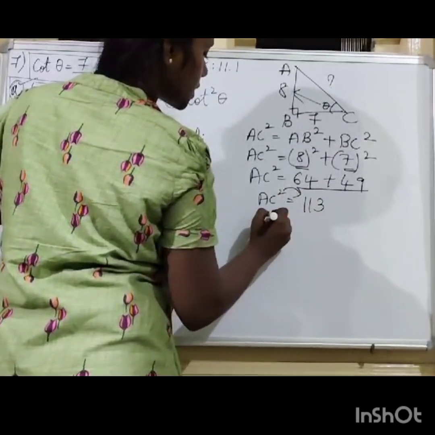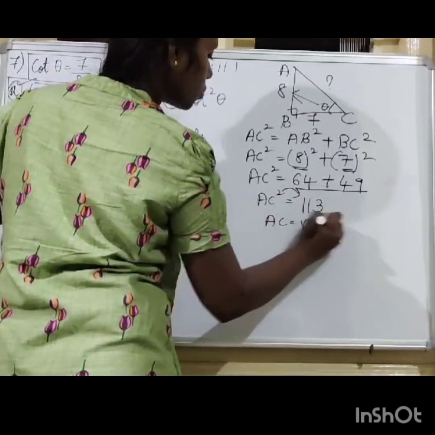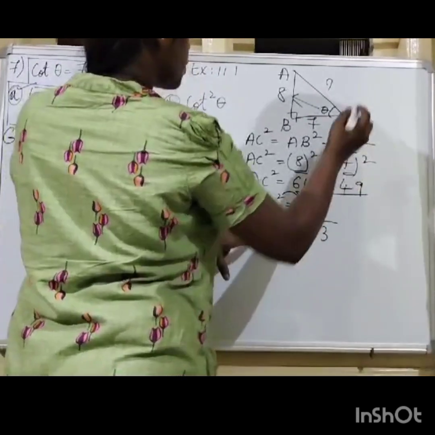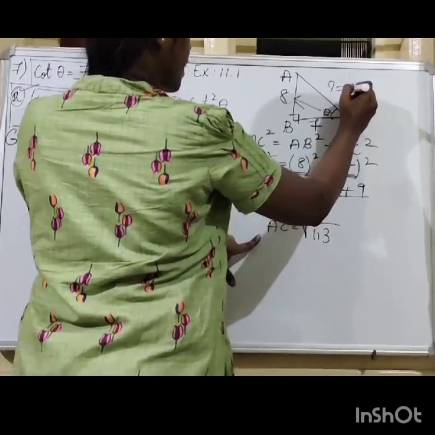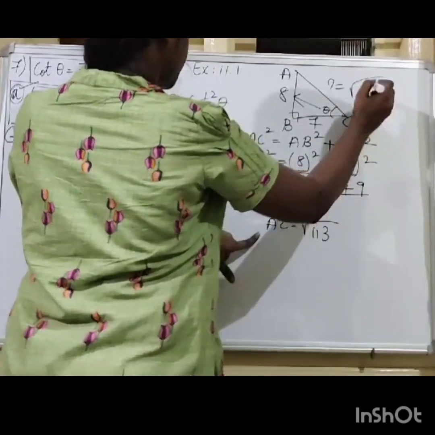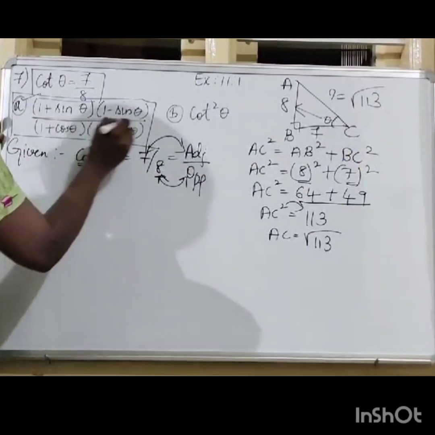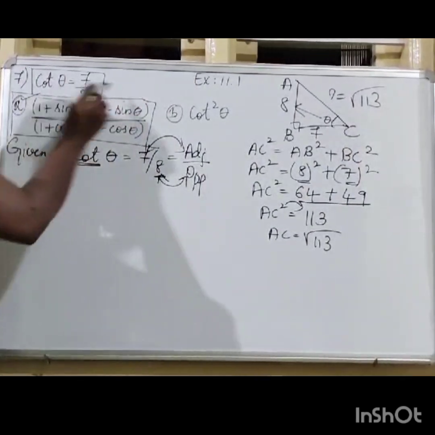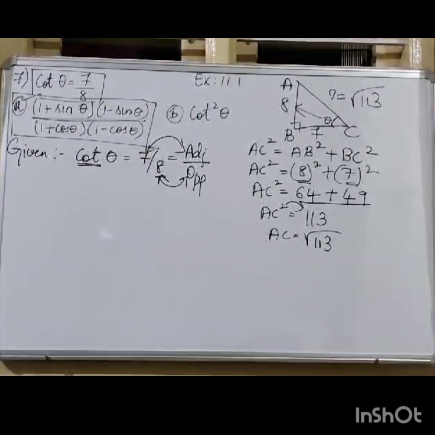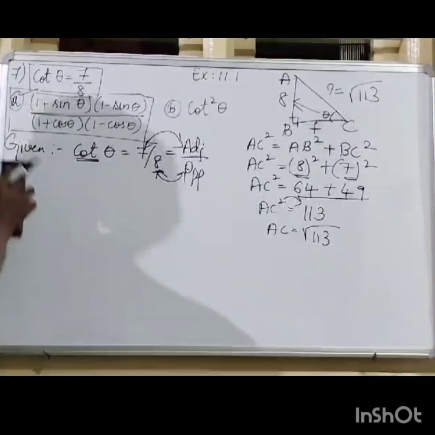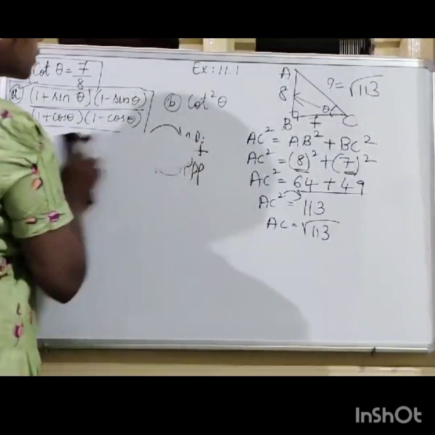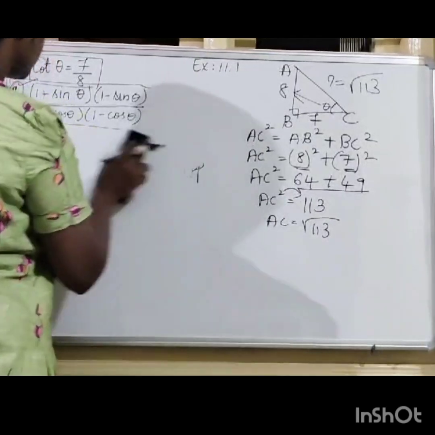When the square goes to this side, it becomes square root of 113. So now we have found out the AC value as root 113. Now let us solve this sub question A.